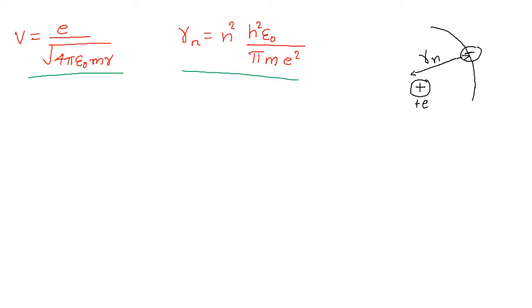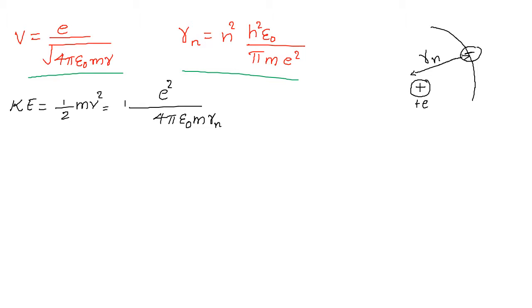Now we know that since the electron is revolving with some speed, it possesses kinetic energy, and that is given by half m v square. We already have the equation for v. Squaring, you will have e square in the numerator, then in the denominator 4 pi epsilon 0 m r. Since it is Rn, the nth radius, I am going to stress that.